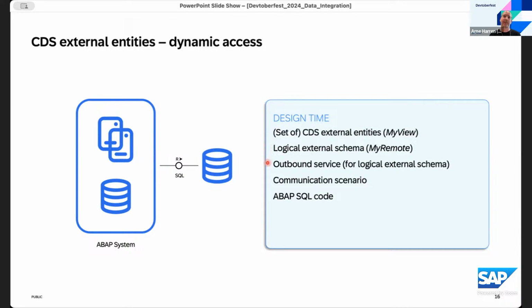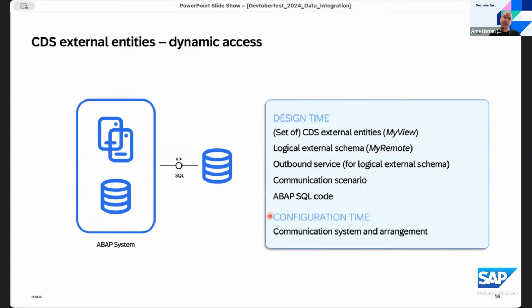We need to create an outbound service for the logical external schema, and we can take that outbound service and put that into a communication scenario, which we then can configure with the communication system and arrangements and the administration UI. And of course, on the design time, you also have your ABAP code, your ABAP program, where you have some ABAP SQL statement inside, and there you reference the CDS external entities that you have modeled.